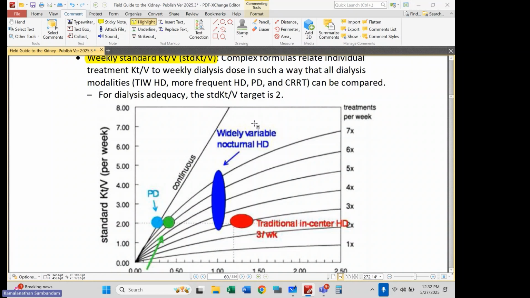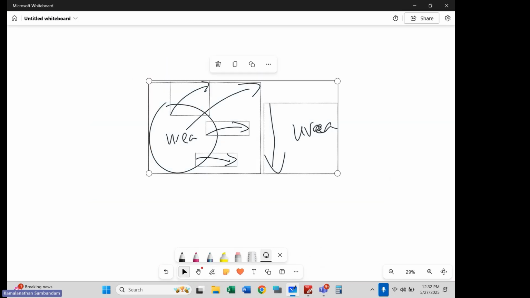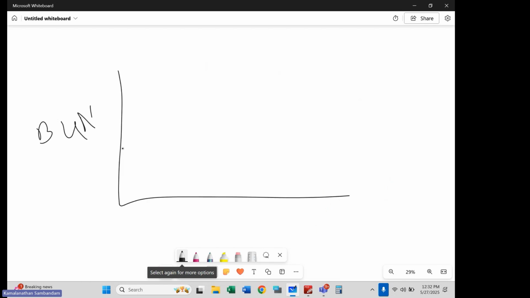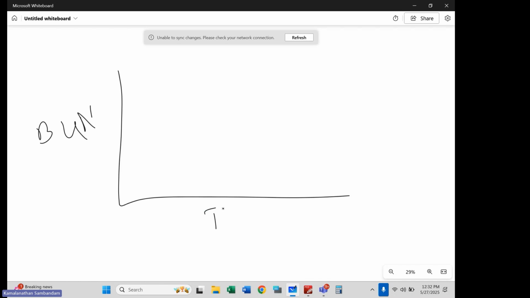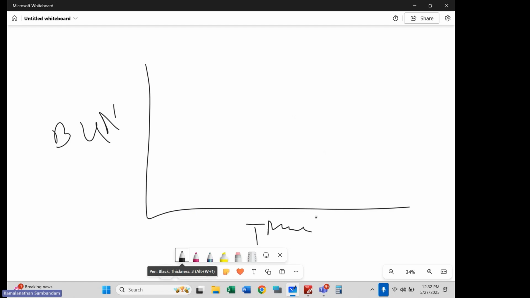So if I was dialyzing, for instance, I'll do it graphically here. Standard weekly Kt/V would allow me to say, okay, if I am dialyzing a patient, here's my urea, BUN, and here's my time. If I'm on a thrice weekly dialysis treatment schedule, I would drop my urea concentration, it would rise.